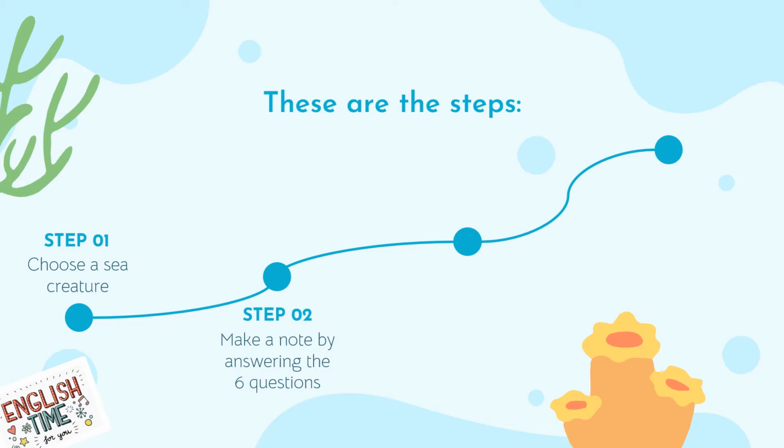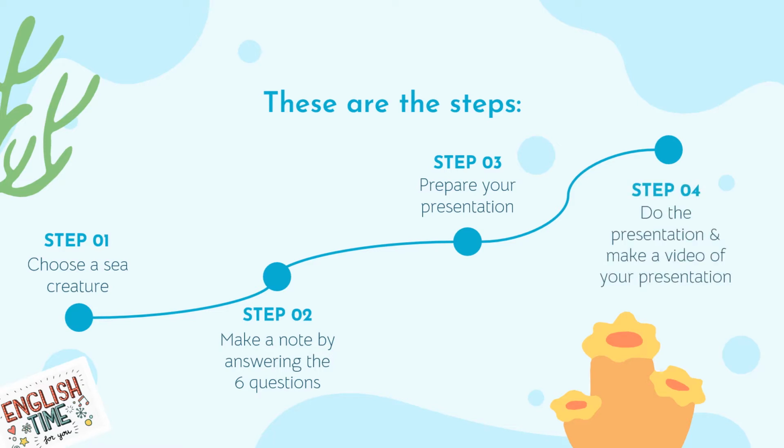Step 2 is make a note by answering the questions that we have discussed earlier. Step 3 is to prepare your presentation. And step 4 is do the presentation and make a video of your presentation. What do they mean? We're going to discuss the steps one by one. Don't worry.